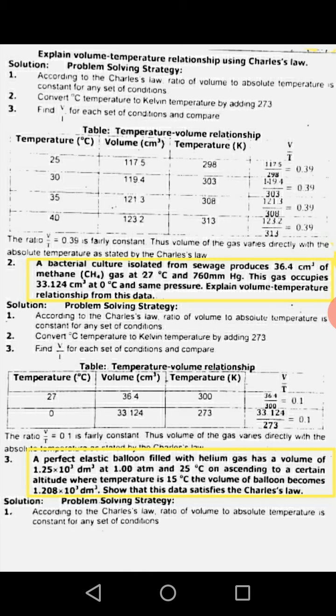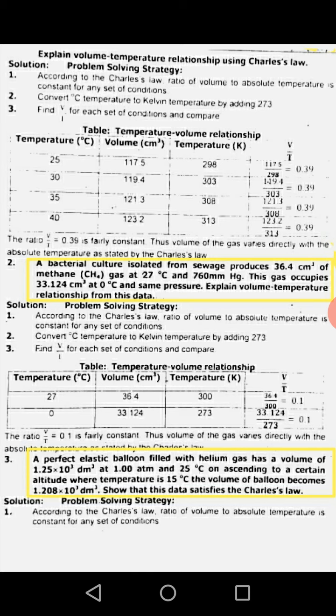Now, let's compare it. First column, the temperature has been given as 25, and as you know, we have to add this temperature value to 273 to convert the degree value into Kelvin.